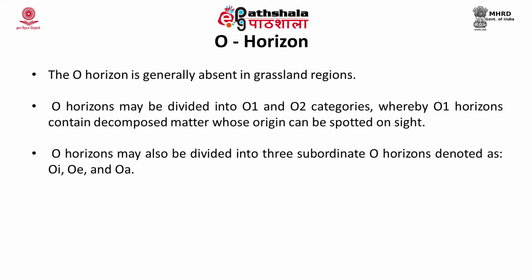The O horizon may be divided into O1 and O2 categories, whereby O1 horizons contain decomposed matter whose origin can be spotted on site, and O2 horizons contain only well decomposed organic matter, the origin of which is not readily visible. The O horizon may also be divided into three subordinate O horizons denoted as Oi, Oe and Oa.